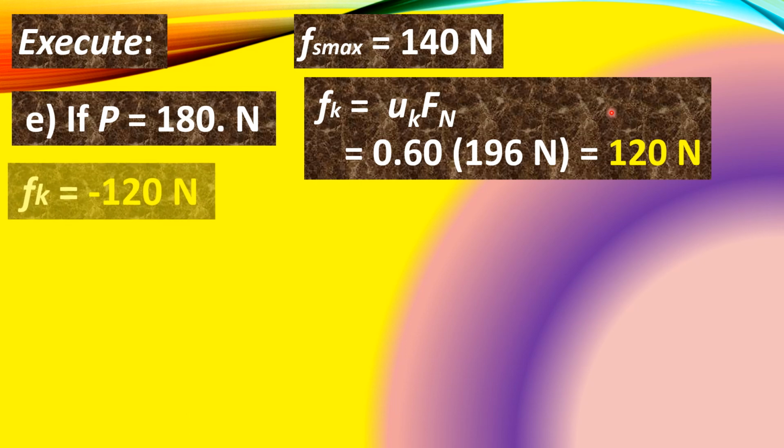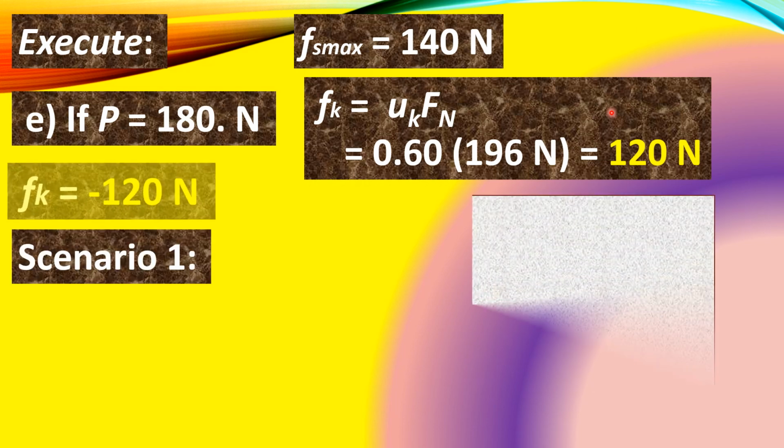The first scenario is if the force capital P is reduced to exactly equal the kinetic friction. That is, if the applied force P is equal to 120 newtons. That is the first scenario. So what will happen?